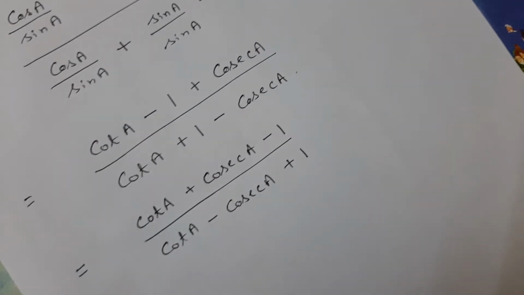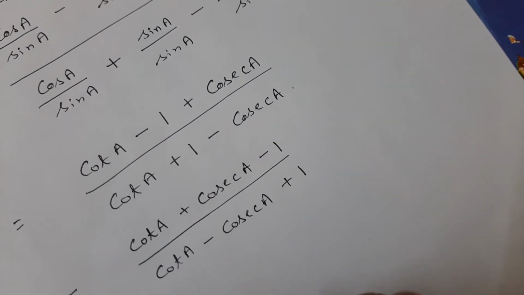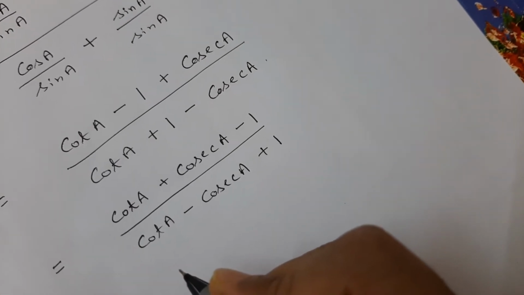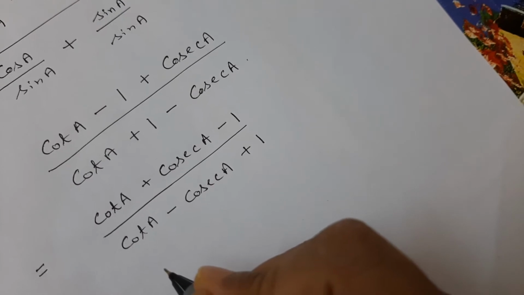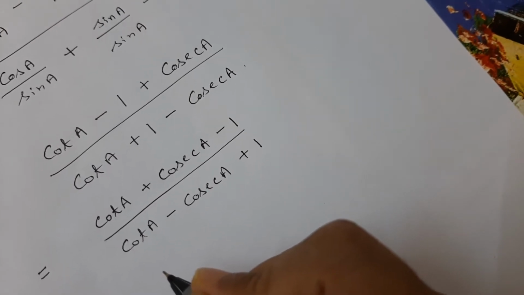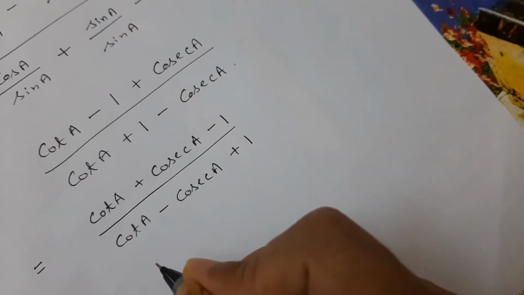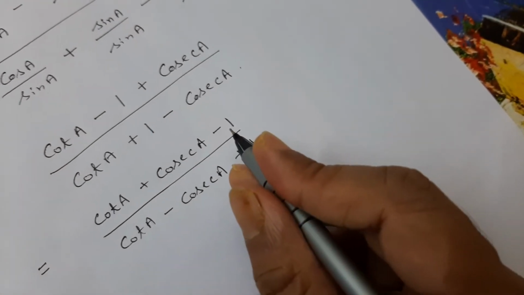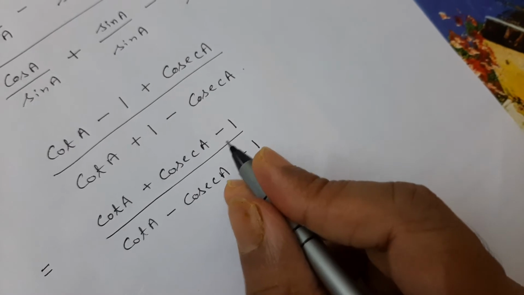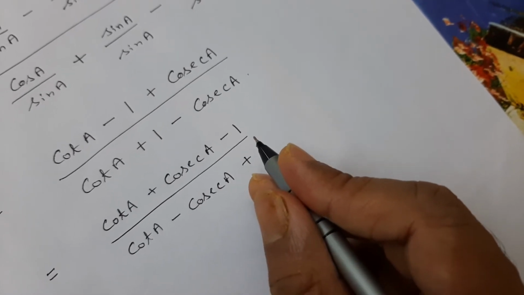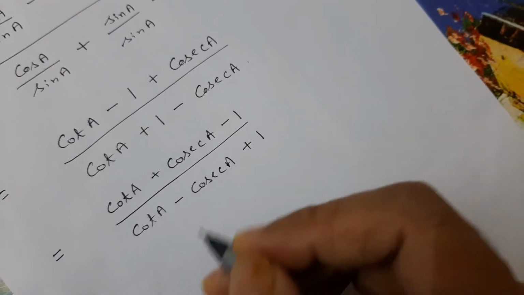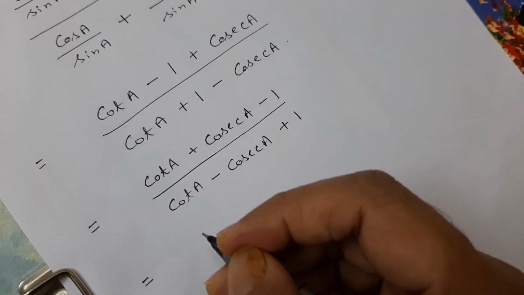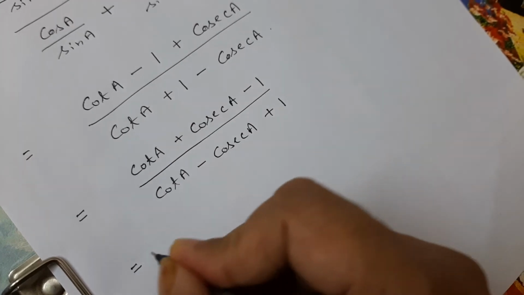Now here question it is given using the identity cosec square A equal to 1 plus cot square A. So cosec square A minus cot square A equal to 1, identity is, that means 1 equal to, we can write cosec square A minus cot square A, only numerator 1. Then easily we can get the right hand side part.